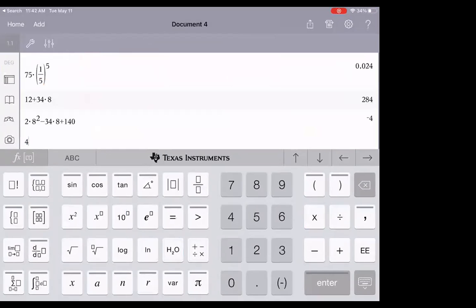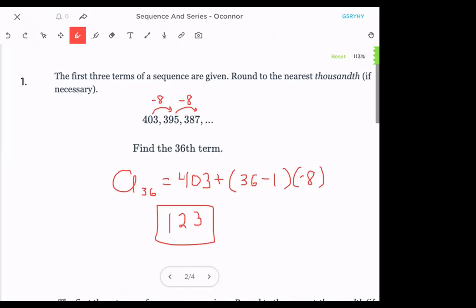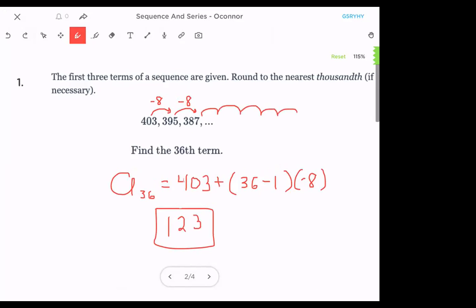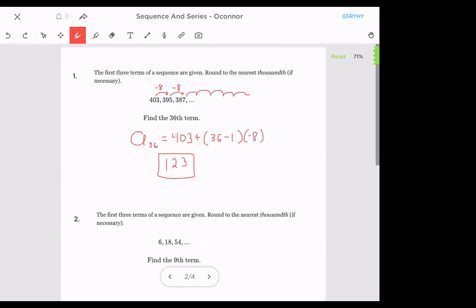My answer is 122. Again, what that means is if I did -8, -8, -8, and kept doing that, the 36th number in that sequence would be 123. Let me do one more, and then I'm going to have you guys do it.